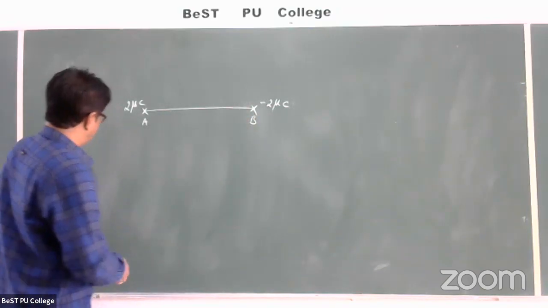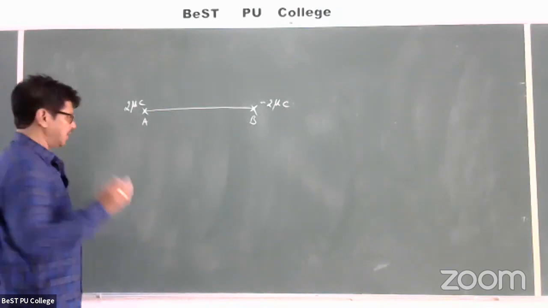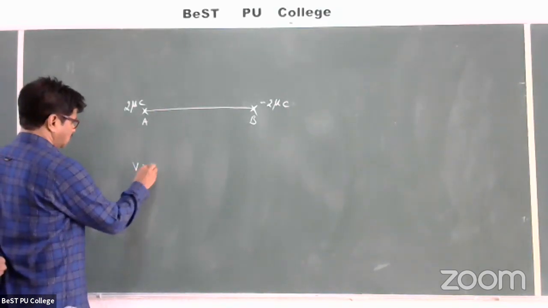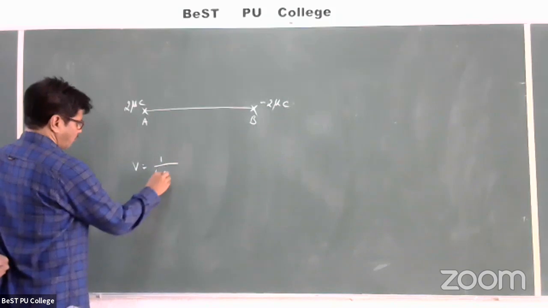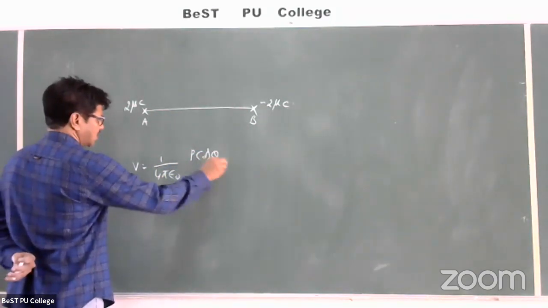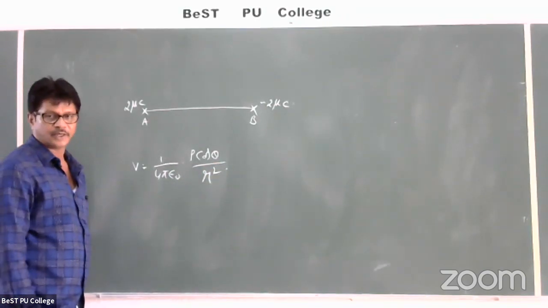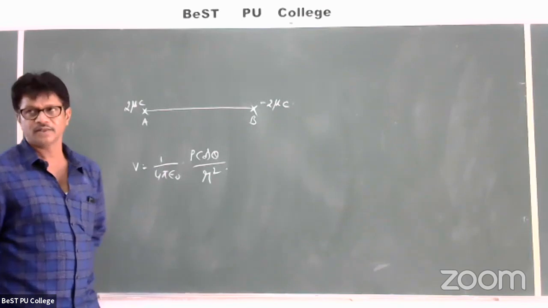So in case of a dipole, the formula to find out the potential is V = 1/(4 pi epsilon naught) P cos theta / R squared.